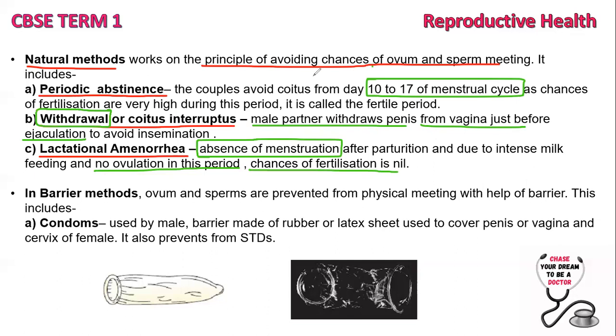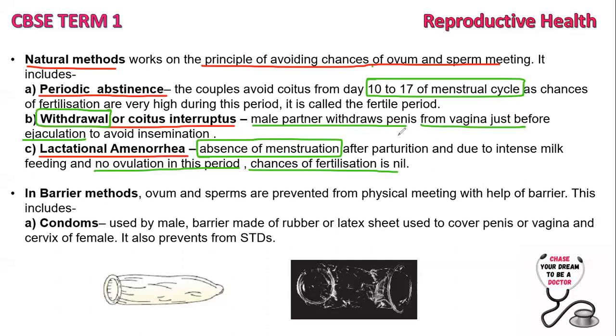So what is the natural method? It works on the principle of avoiding the physical meeting of the egg and the sperm. It consists of three major varieties of steps. First, periodic abstinence, to stay away from coitus during the 10 to 17 days of the menstrual cycle where ovulation is highly expected.